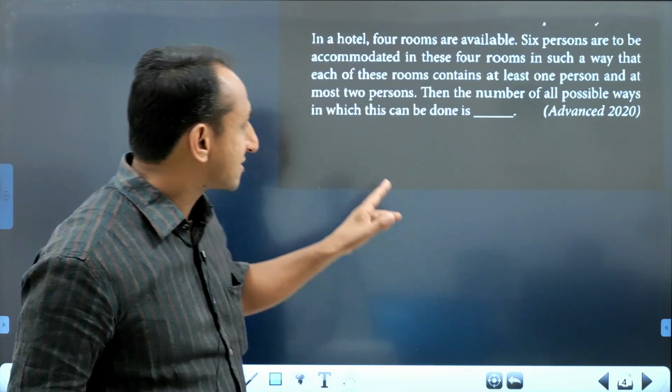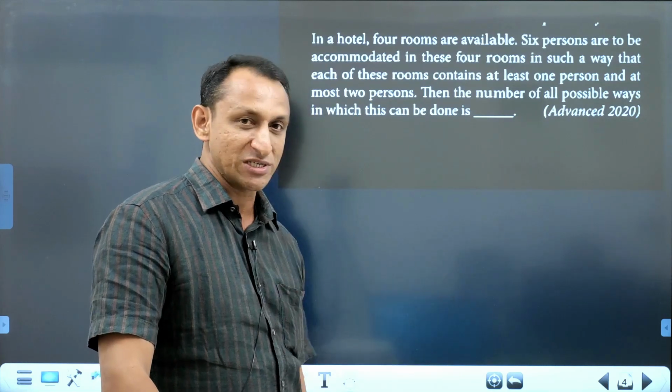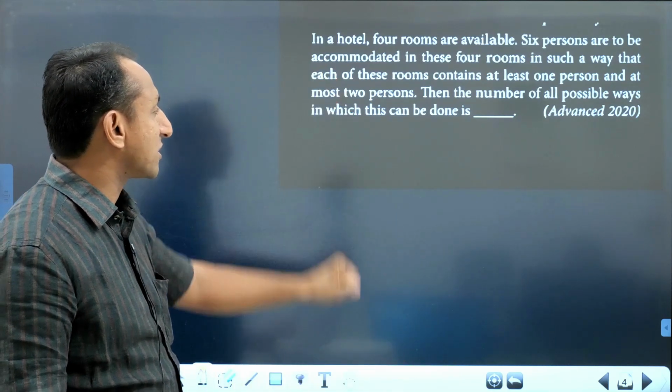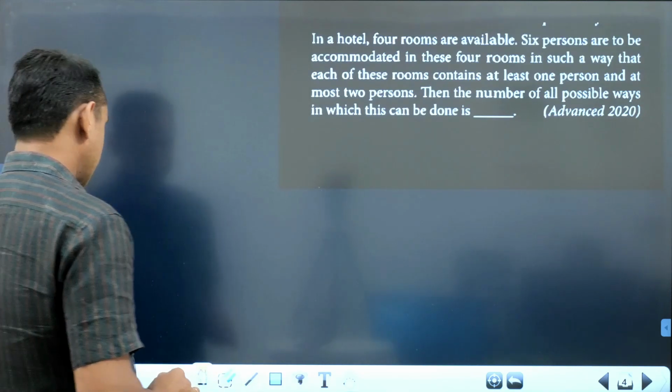Now we'll discuss another previous year JEE Advanced question, 2020, from the chapter Permutations and Combinations. Read the question.